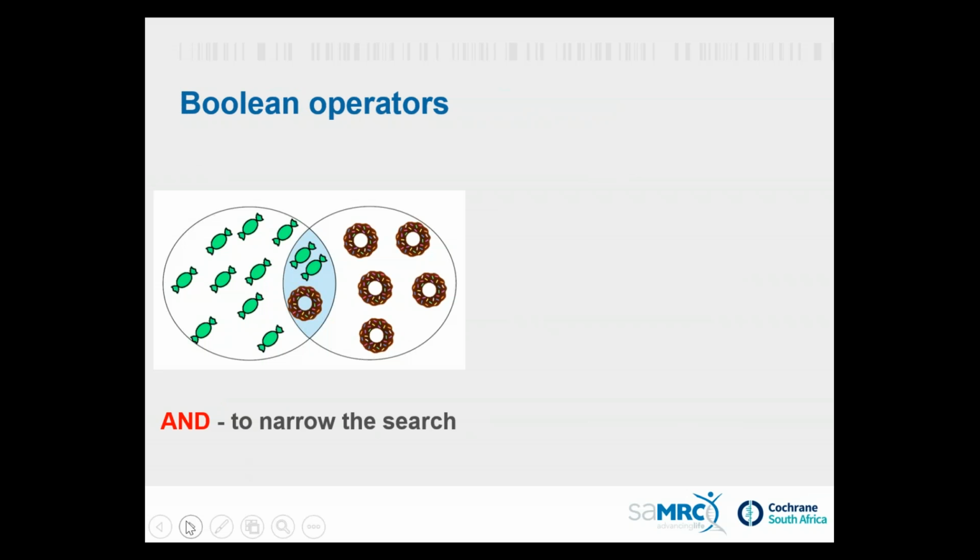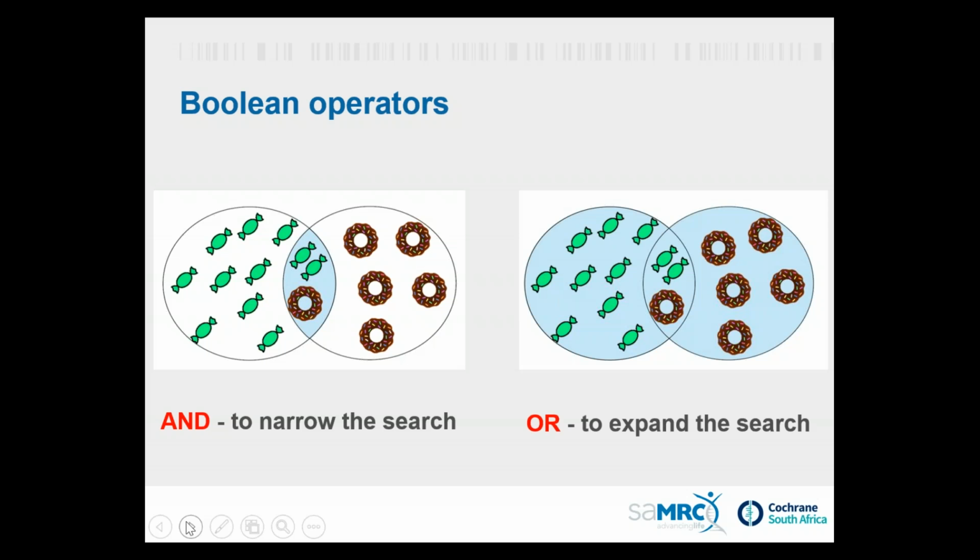And a good example of this: I want to find out whether eating sweets and donuts makes us happy. So I would want both sweets and donuts to appear in all of the articles. So I would use AND. If I want to find out whether sweets or donuts make me happy, I would use OR.